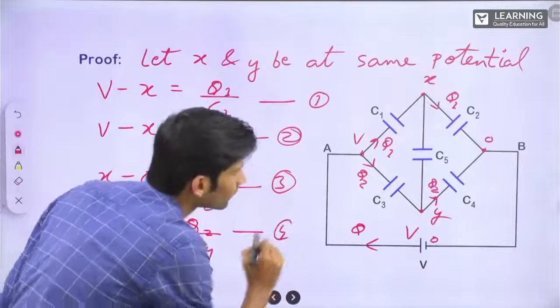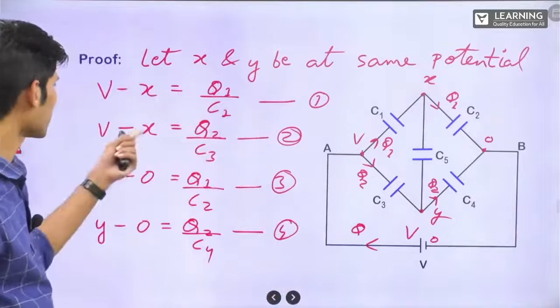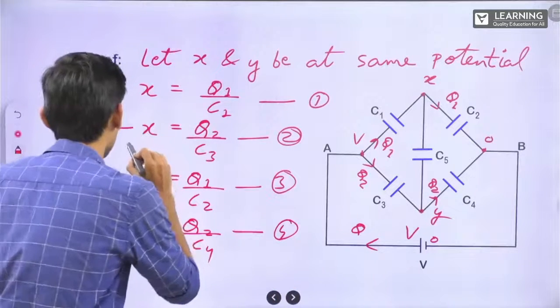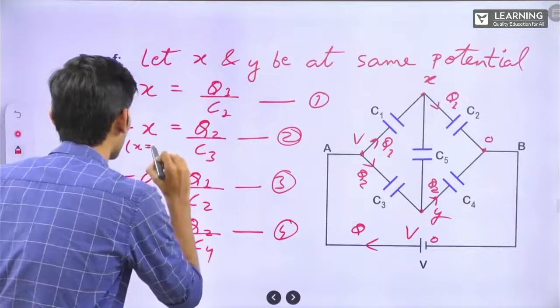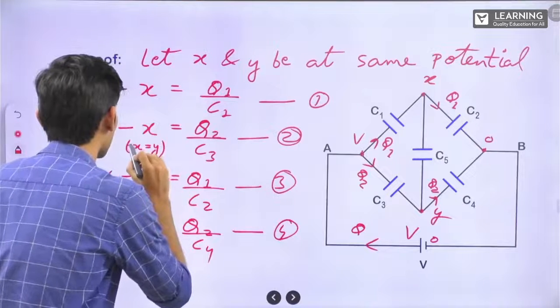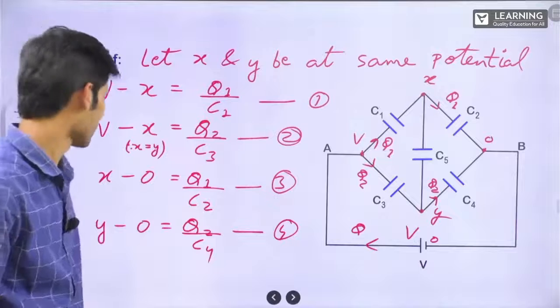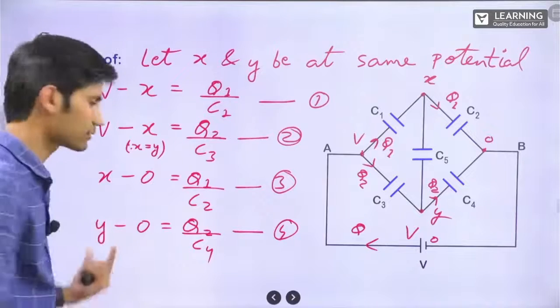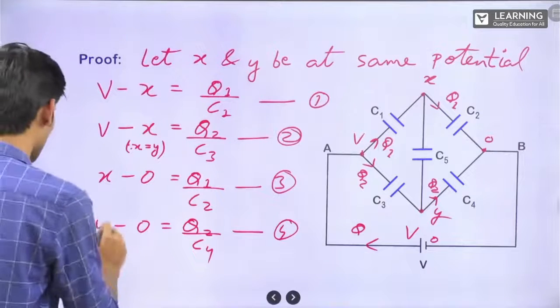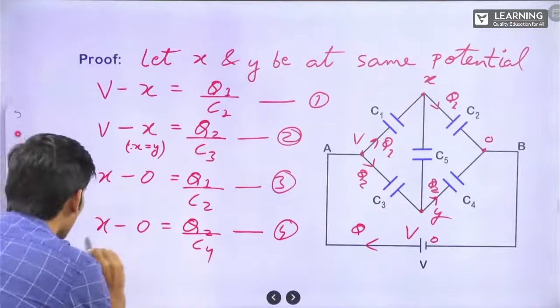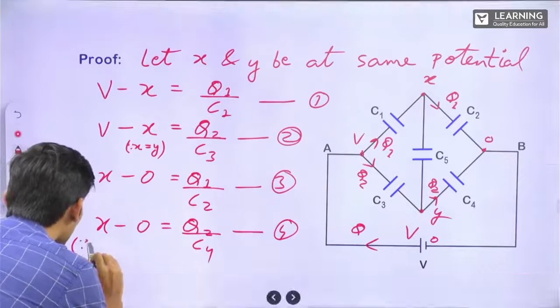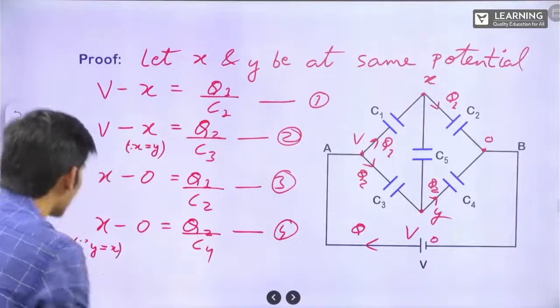That is the fourth equation. Correct? Now this Y I have written, since X is equal to Y, here also this Y I can replace by X.